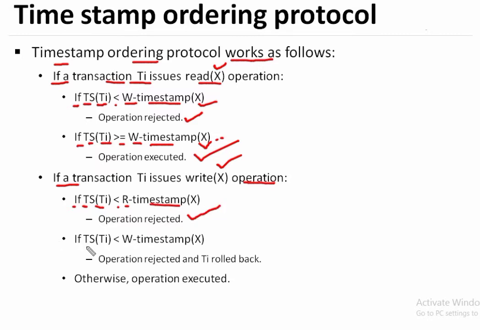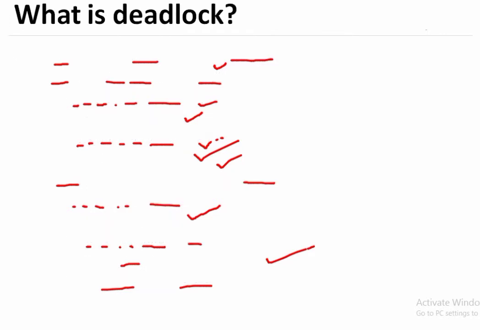Or if the timestamp of Ti is less than the write timestamp of X, then the operation is rejected and Ti should be rolled back, otherwise the operation should be executed. So this is the working flow of the timestamp ordering protocol for reading and writing in a particular transaction.